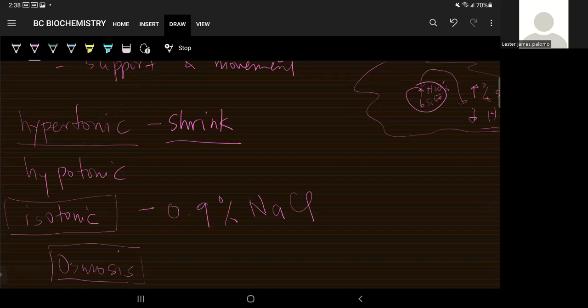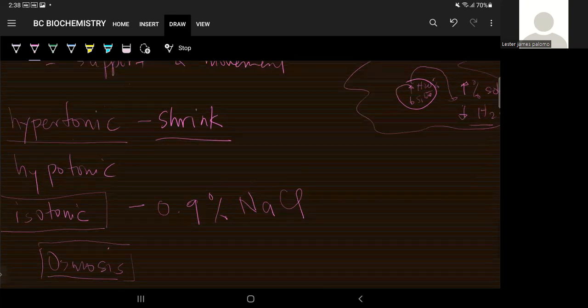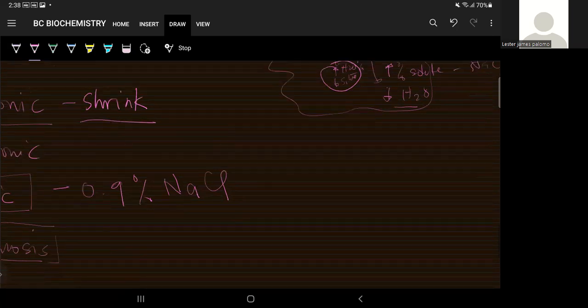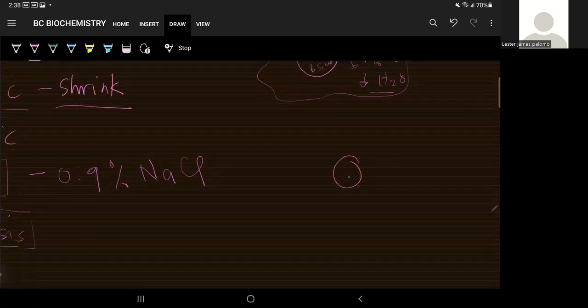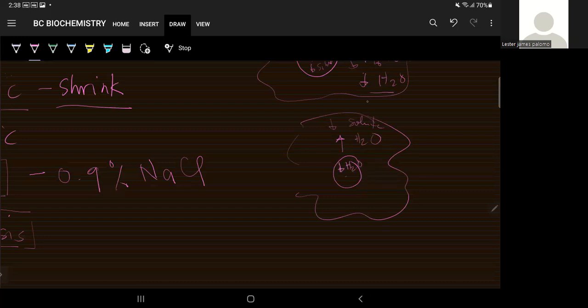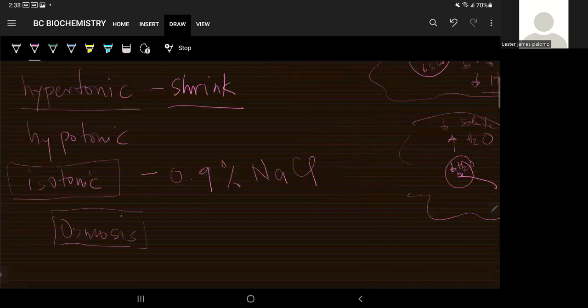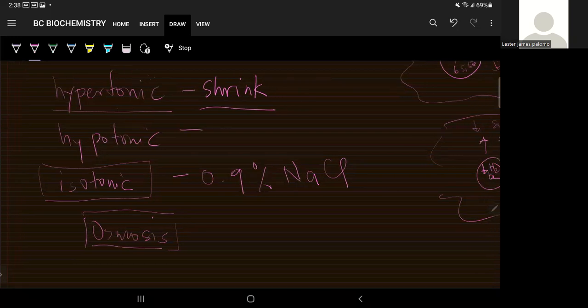Mag-shrink siya. Yes, sir. And then, di ba, kung hypotonic naman, if this is the cell and this is the environment, therefore, pag hypotonic, therefore, lower concentration of solute such as salt, high concentration of water outside the cell, low concentration of water inside the cell, then therefore, water from outside environment will move inside, causing it to burst, mag-expand, no?